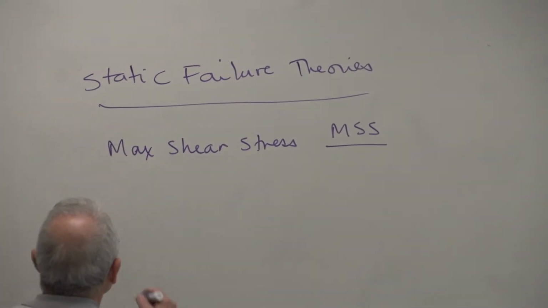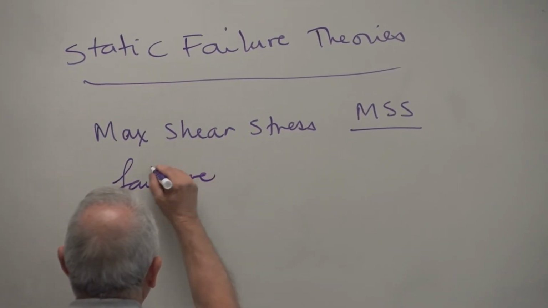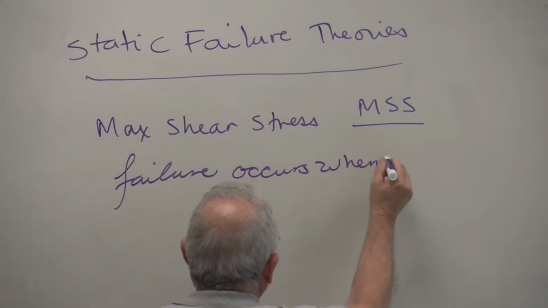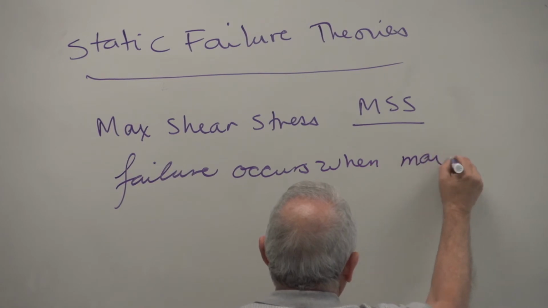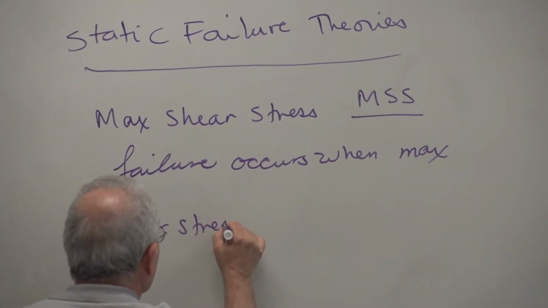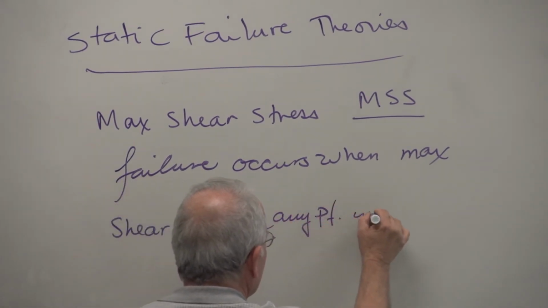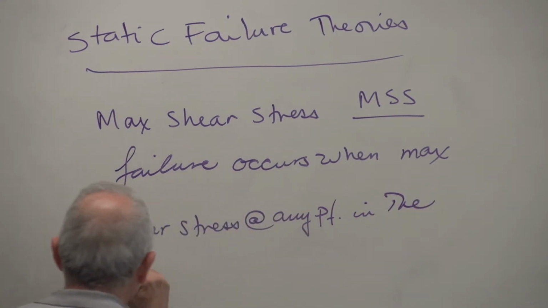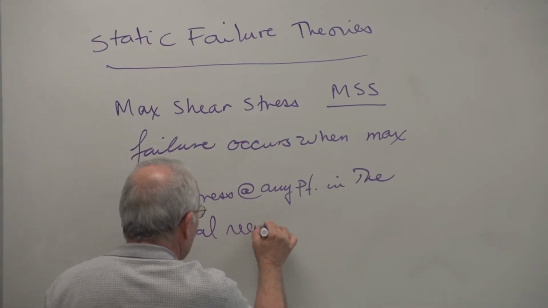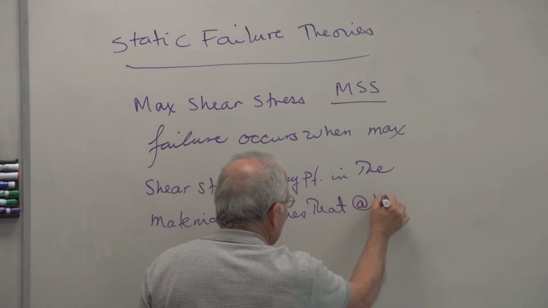says this: failure occurs when maximum shear stress at any point in the material reaches that at yield.